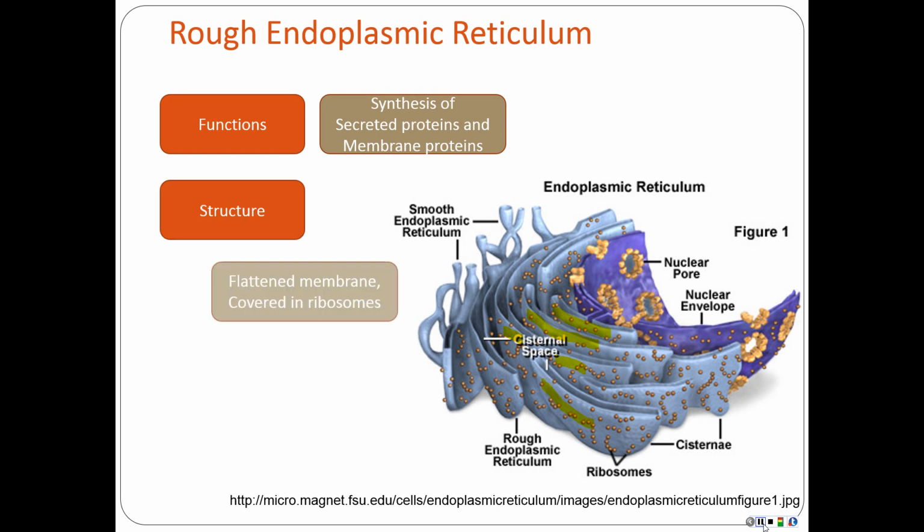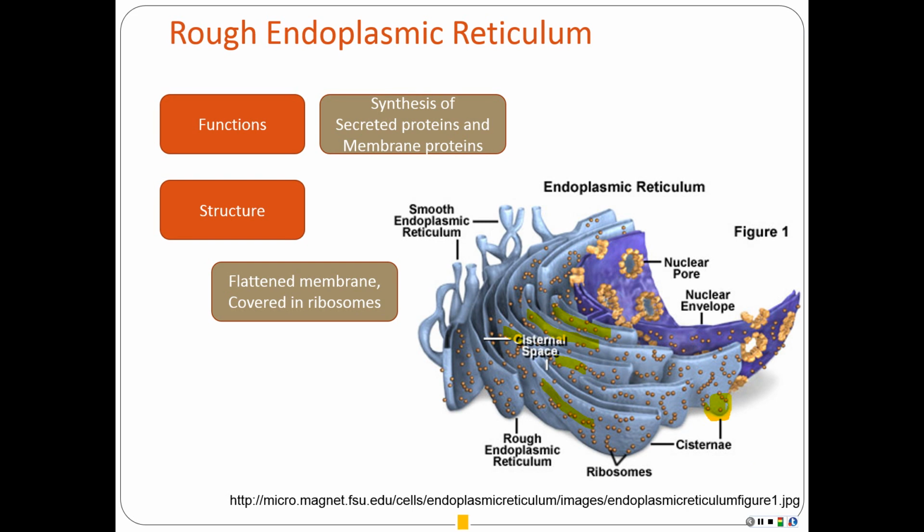Its basic structure is flattened membrane, and it is covered with ribosomes. I want to draw your attention on this image for the rough endoplasmic reticulum. If you look on the very lower right hand side of the rough ER, you can begin to see where the little rough ER is beginning to bulge off and pinch off.